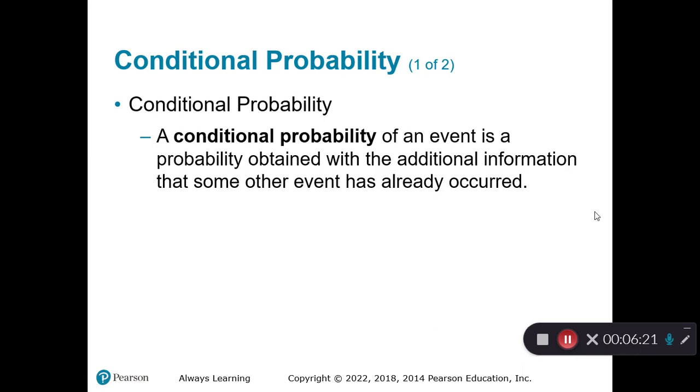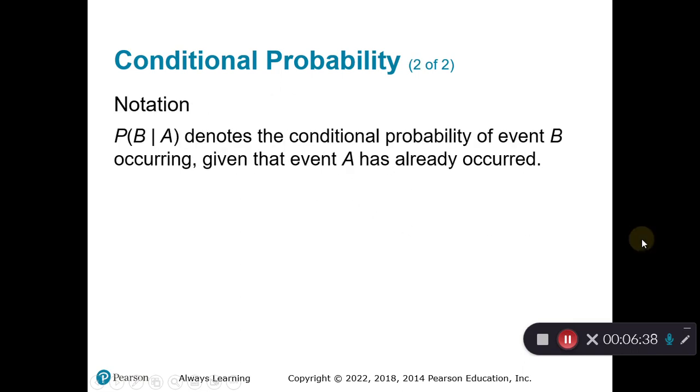Now let's return to the concept of conditional probability, which we were introduced to in the last section. A conditional probability of an event is the probability obtained by considering the additional information that some other event has already occurred.